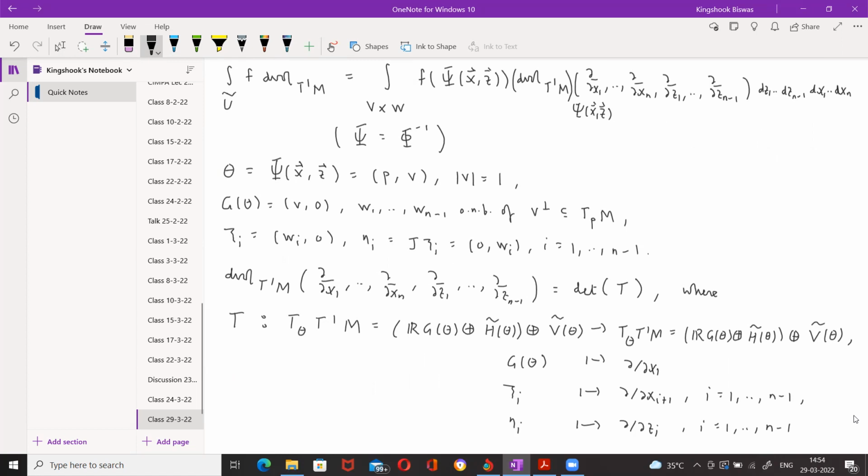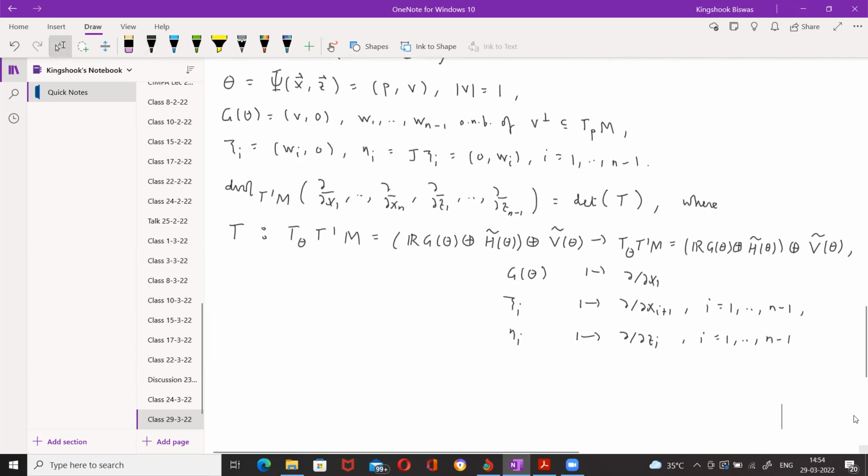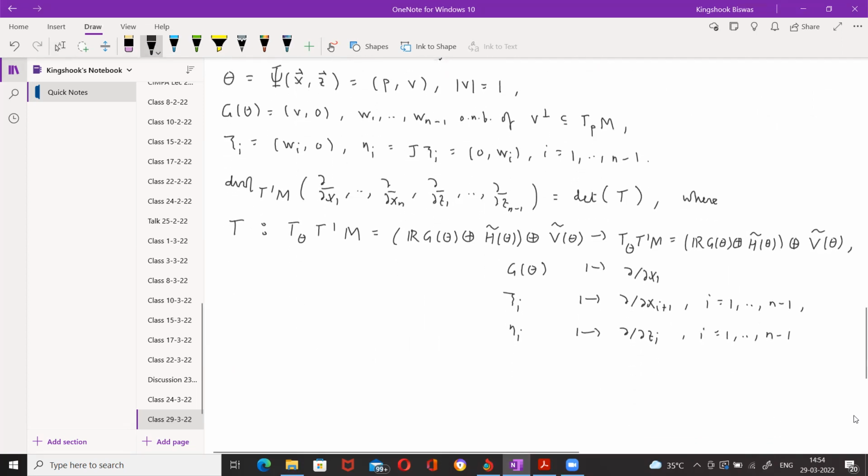Yes? So if I write it in block matrix form, what will the matrix be in block form? The horizontal part is this G theta together with H tilde theta, right? So these horizontal vectors are going to some vectors.